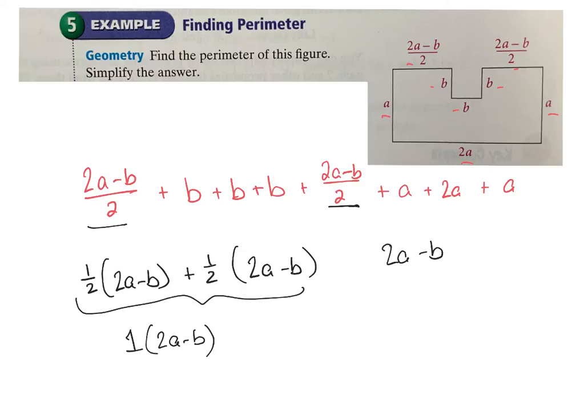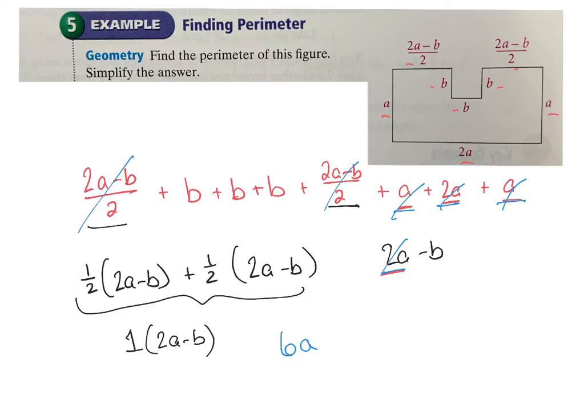And I can literally add up all my A's and add up all my B's, right? When I do this, I have 2A plus A plus 2A plus A. So I'm going to add all of my A's. 2, 3, 4, 5, 6. So I've added all of those and I have 6 A's, right?